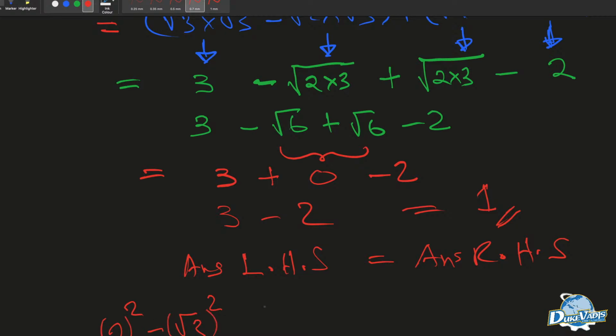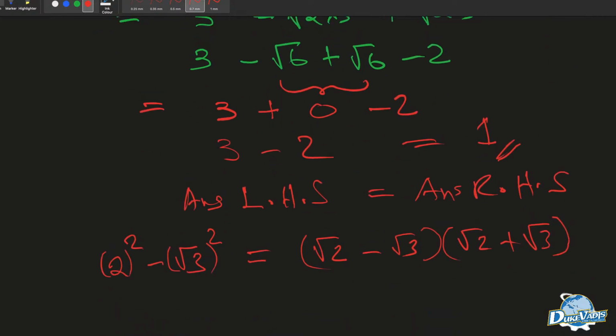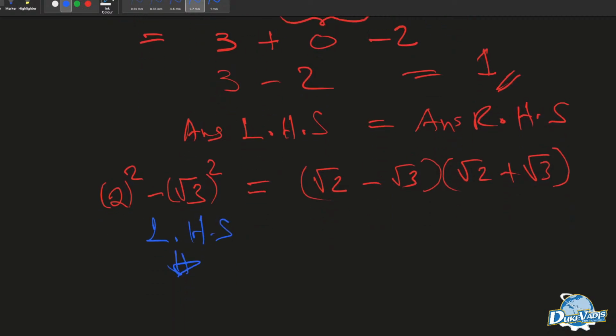To implement this, we know that it's going to be root 2 minus root 3 into bracket root 2 plus root 3. You see, this left-hand side will straightforwardly help us to calculate our answer, to know that when we square root 2 it is 2, and when we square root 3 it will be 3. So this will help us to get the answer.